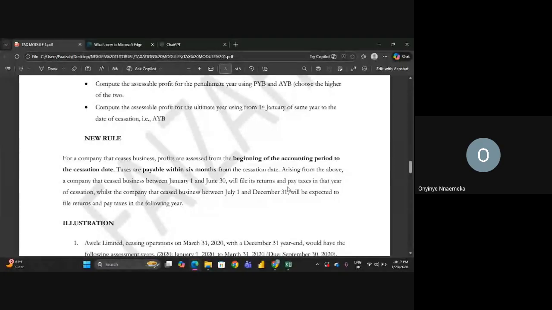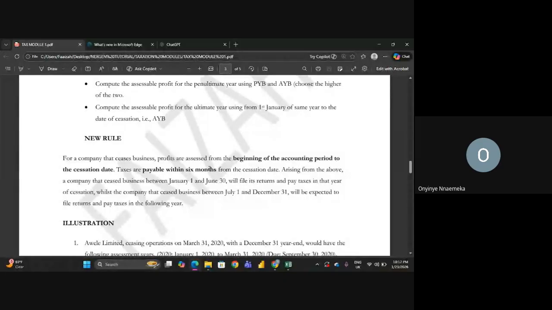Now, the issue that we have with this new rule is that your year of assessment depends on when the cessation date is. If your cessation date falls between January and June 30, then that particular year in which they cease will be their year of assessment too. Remember that taxes are payable within 6 months from cessation date. When we get to CIT, you will know more about this rule. It's for CIT companies.